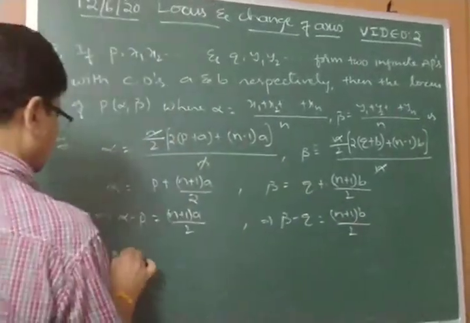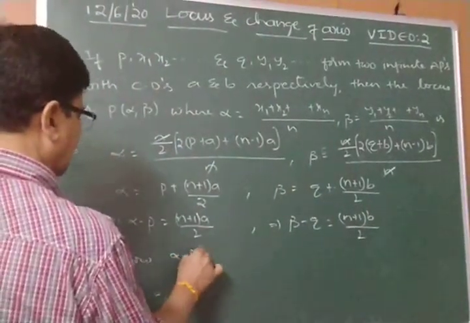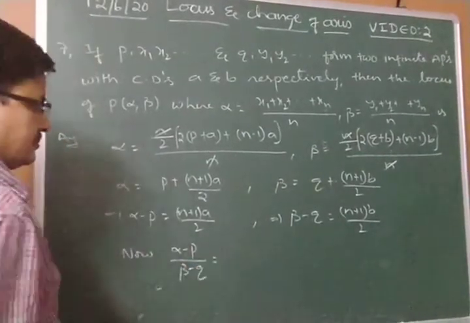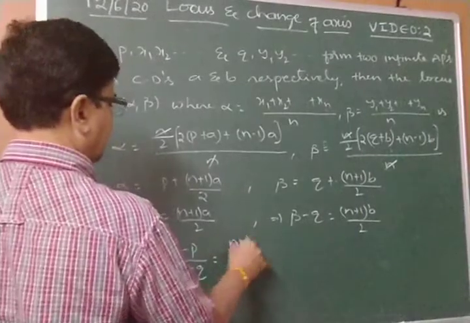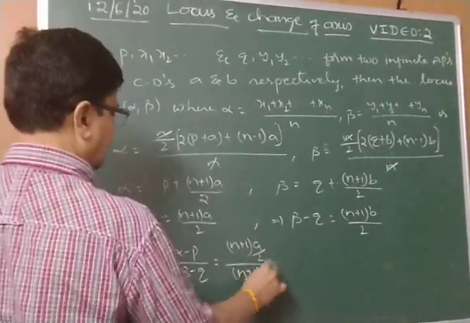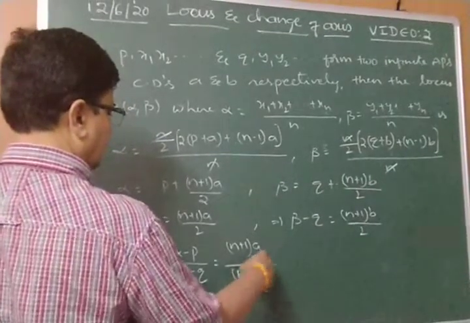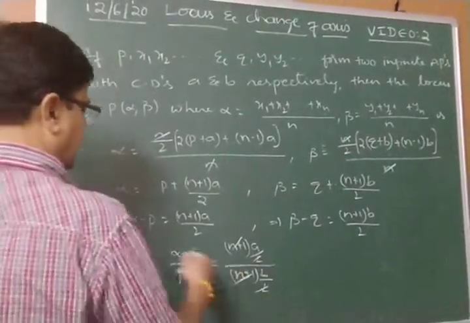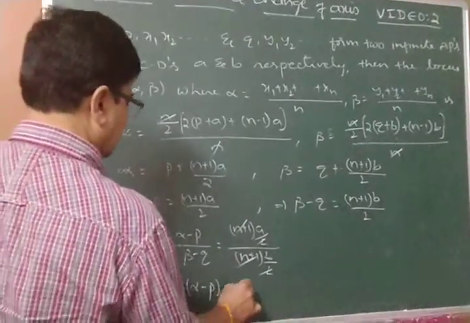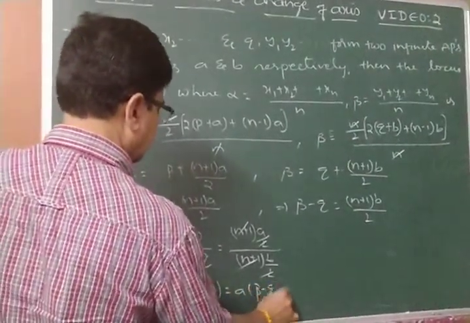Now (alpha minus p) by (beta minus q) is equal to (n + 1) into a by 2 divided by (n + 1) into b by 2, where 2 and n + 1 cancel. Now applying cross multiplication, b into (alpha minus p) is equal to a into (beta minus q).